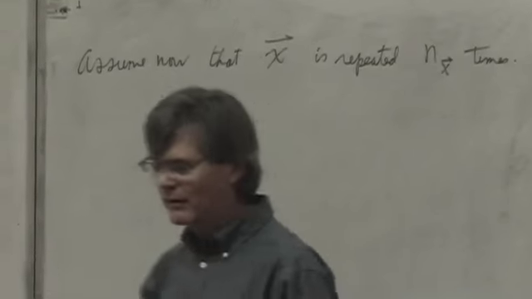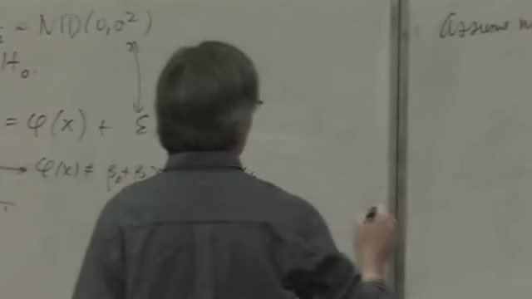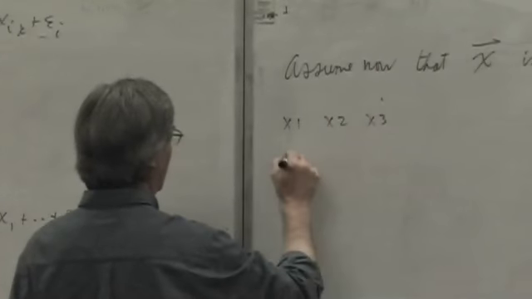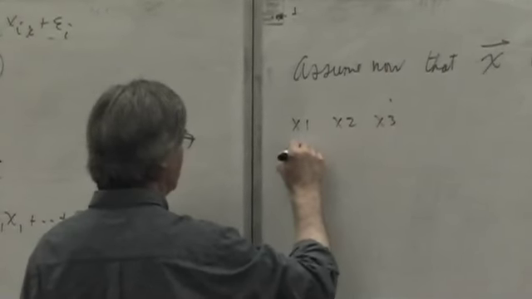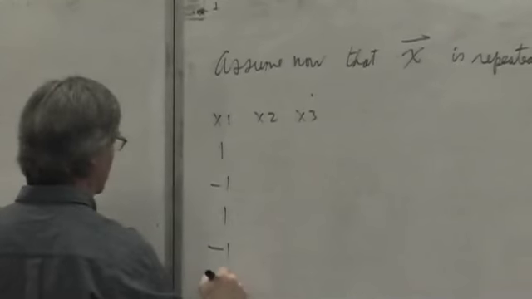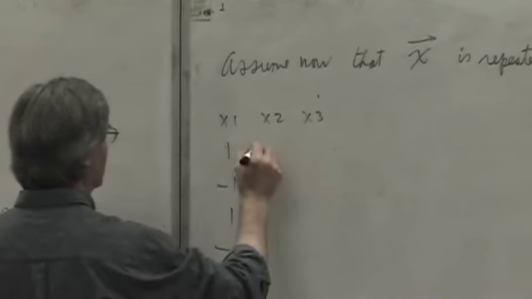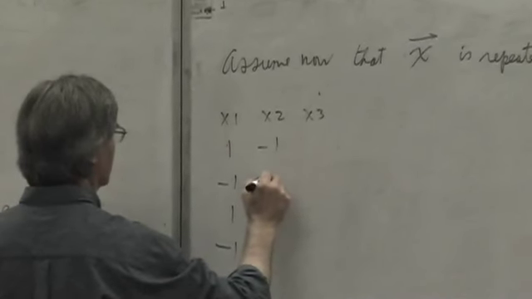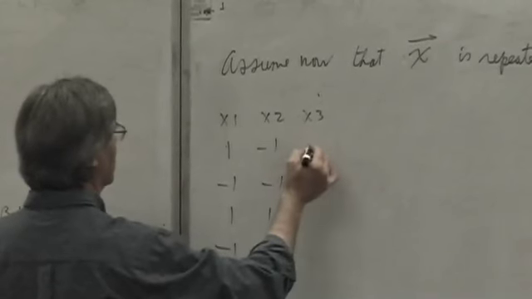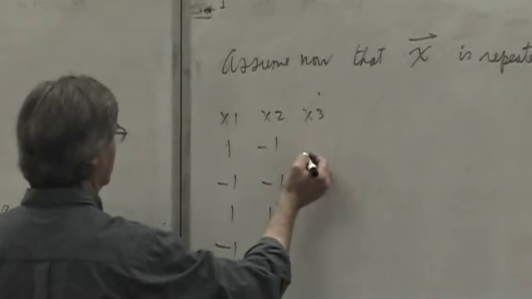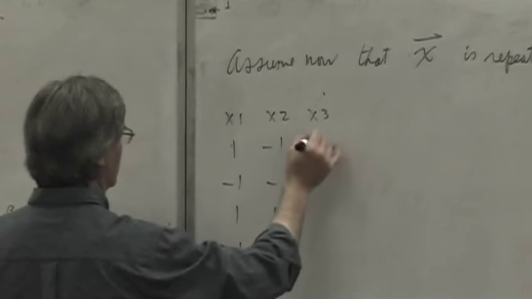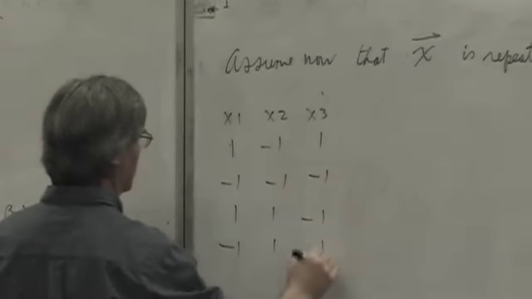In one situation, I might have x1, x2, x3 with values 1, minus 1, 1, minus 1, 1, minus 1, then minus 1, minus 1, 1, 1. Then x3 is 1, minus 1, minus 1, 1.